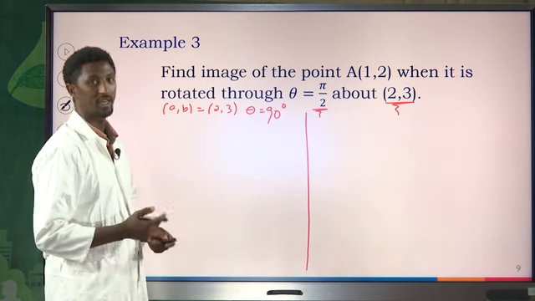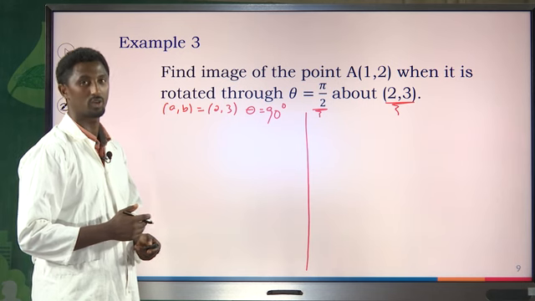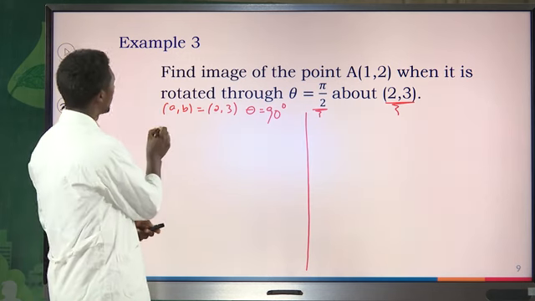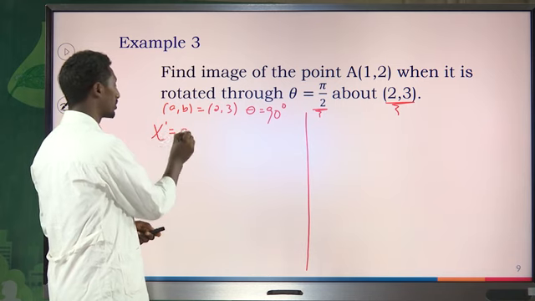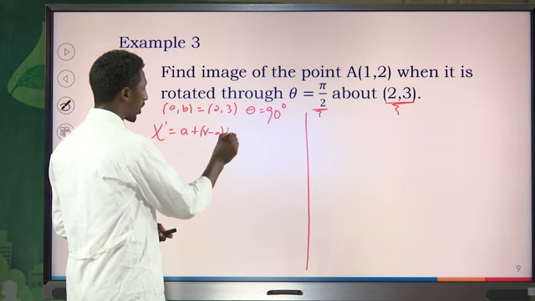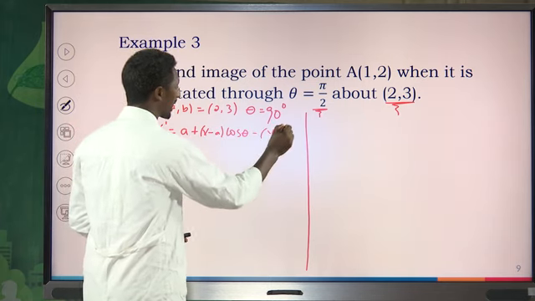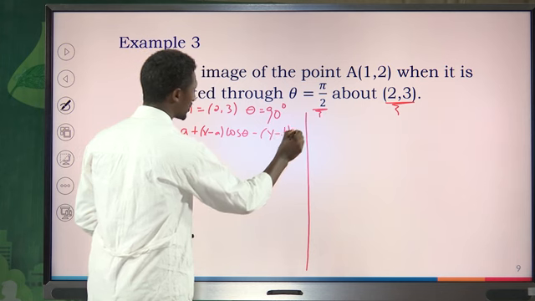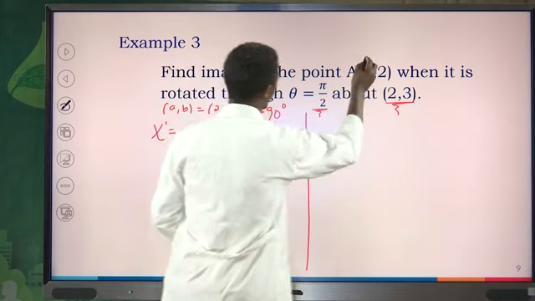So to find the image of a point A when it is rotated through pi over 2 about (2, 3), we'll use the above formula. x prime equals a plus (x minus a) cos theta minus (y minus b) sin theta, where x and y are these values.